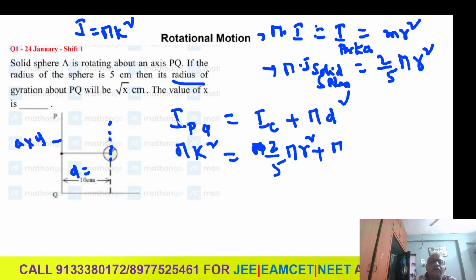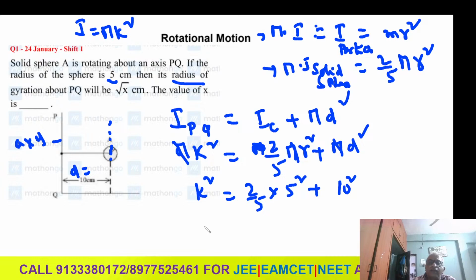Because he is asking in centimeters, I'll keep everything in centimeters. M gets cancelled everywhere. K square is 2 by 5 R square plus D square, with R equal to 5 centimeters and D equal to 10 centimeters.